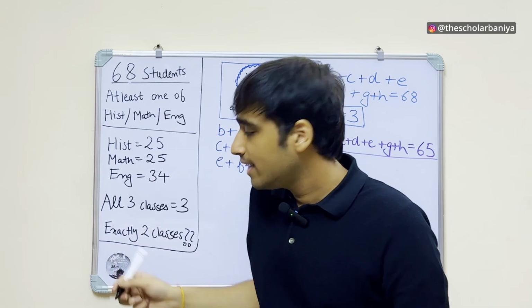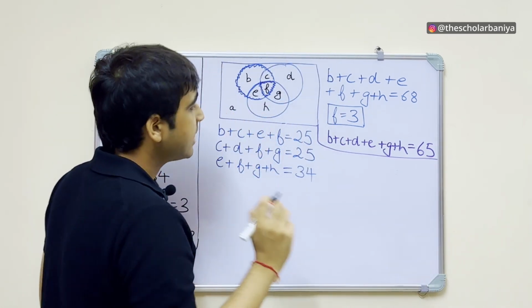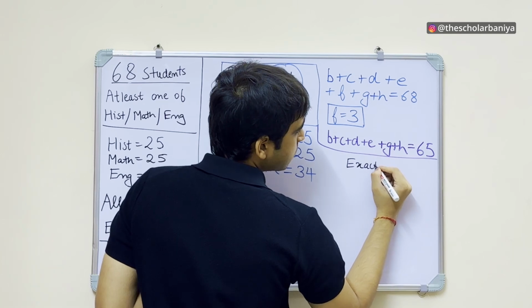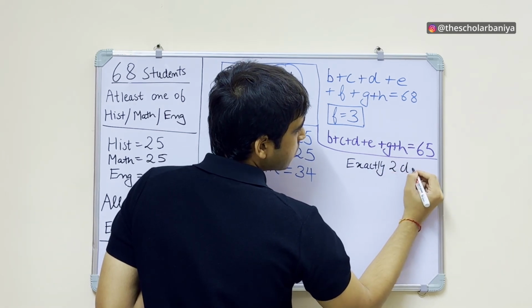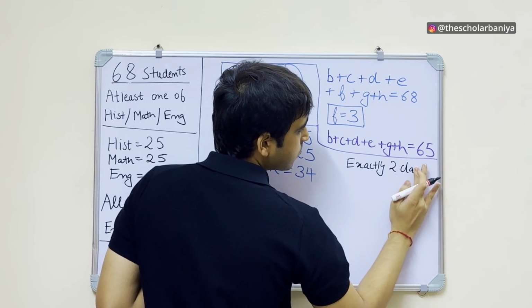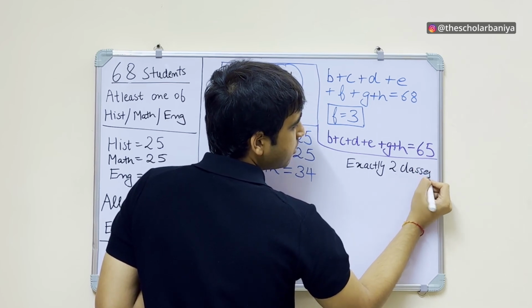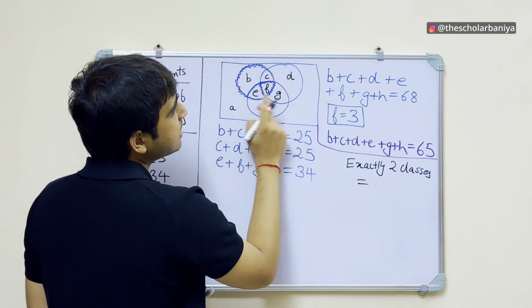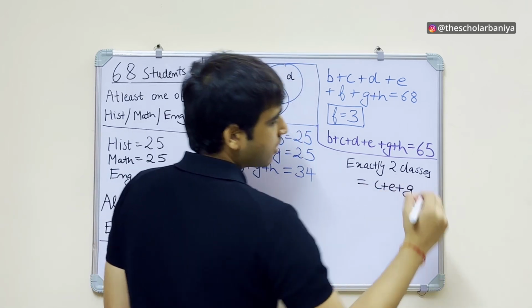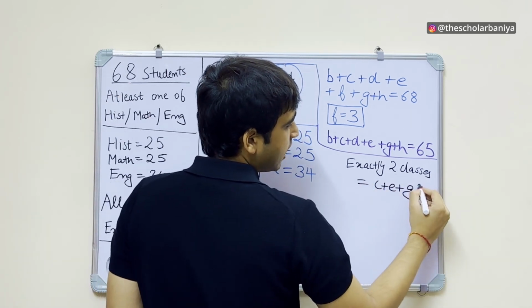So we have to calculate exactly 2 classes. So exactly 2 classes will be equals to C plus E plus G. So we have to find out this.